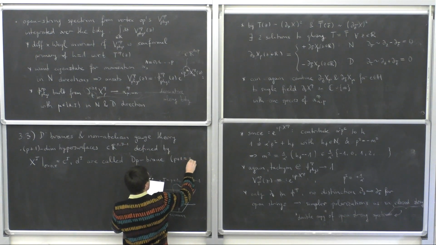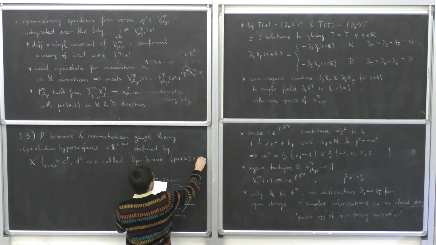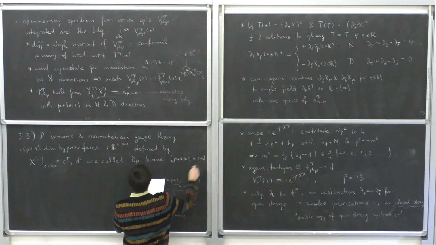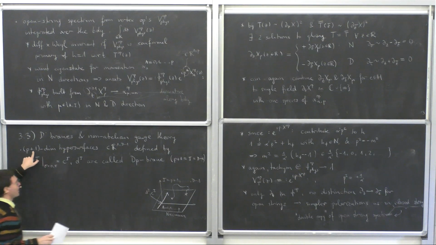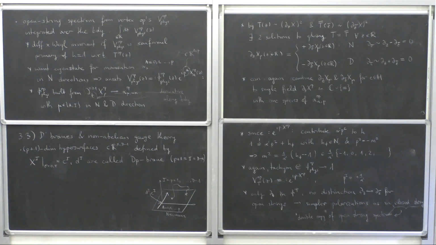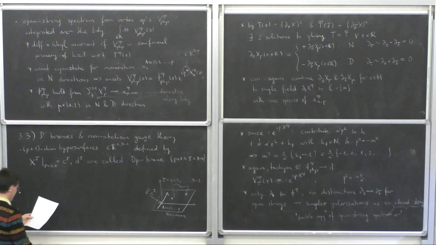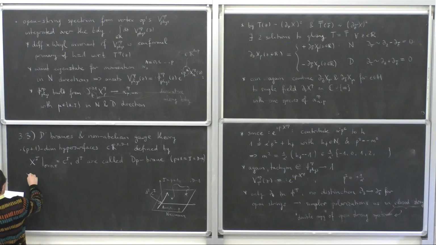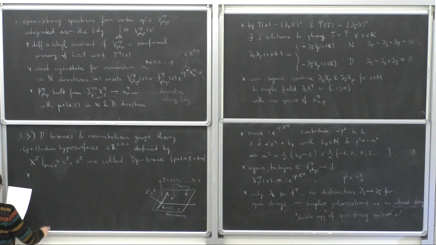Okay, so this is the terminology. One can argue whether it's good or bad that there is an offset p+1 for the dimensionality, but this is how the conventions are, and I will swim along. What can one say about these Dp-branes?